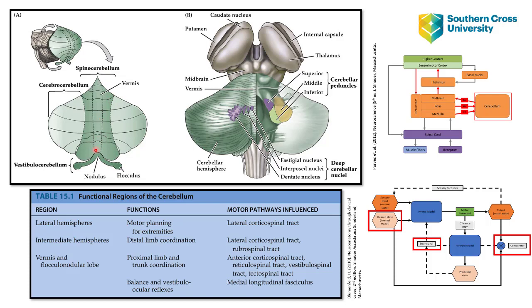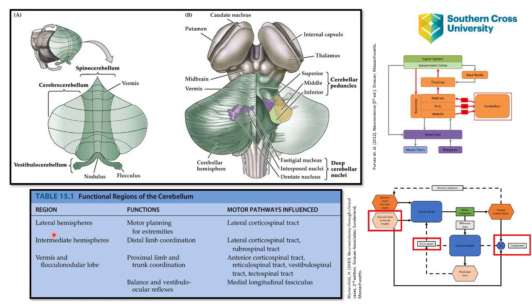The spinocerebellar information is the unconscious or subconscious proprioceptive information coming in. So it's the proprioceptive happenings in real time coming into the cerebellum. Now the cerebellum can coordinate the plan coming from the cerebrum with the actual current proprioceptive happenings.